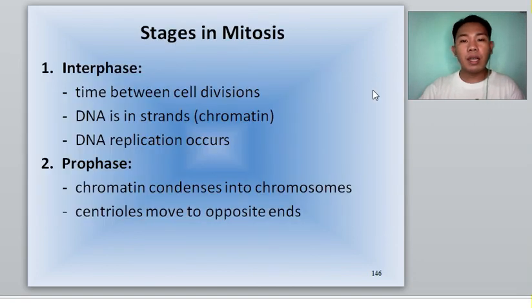So we have stages of mitosis. One is the interphase. In the interphase stage, this is the time between the cell divisions. And the DNA is in strands, in the form of chromatin, and the DNA replication occurs.